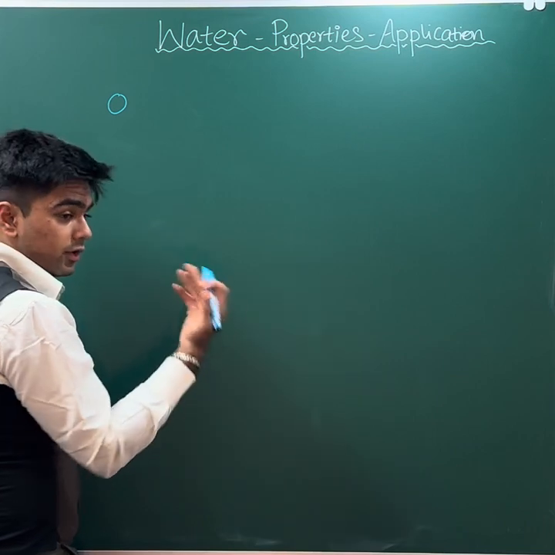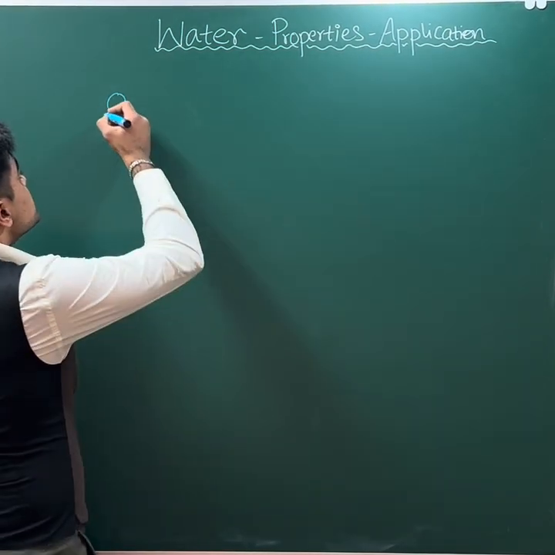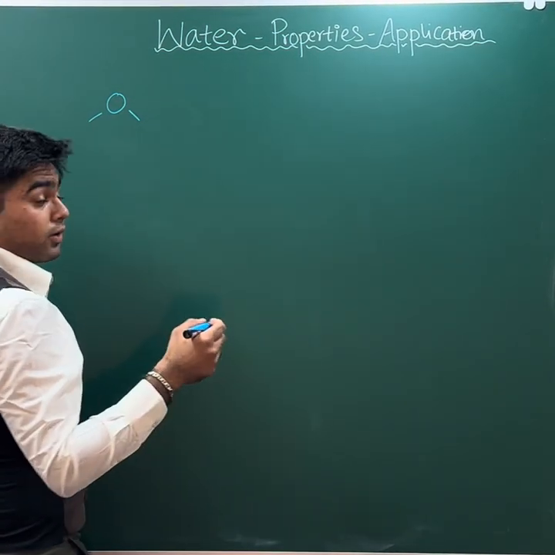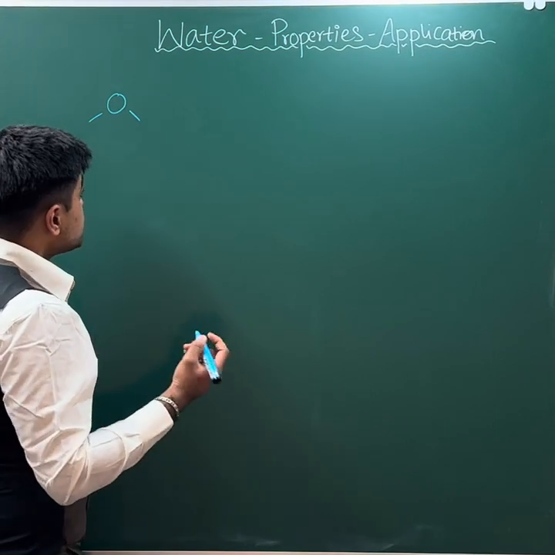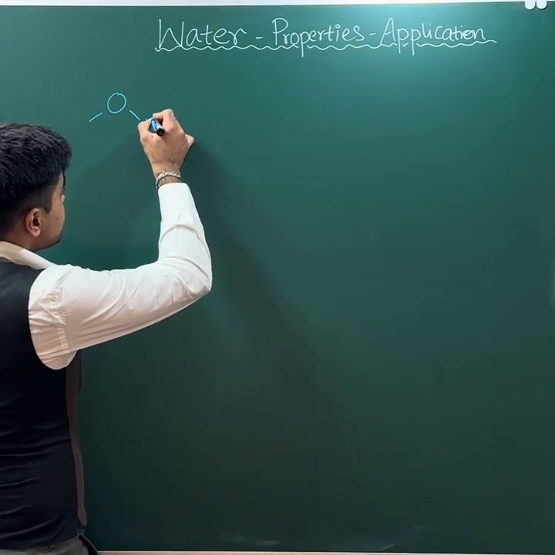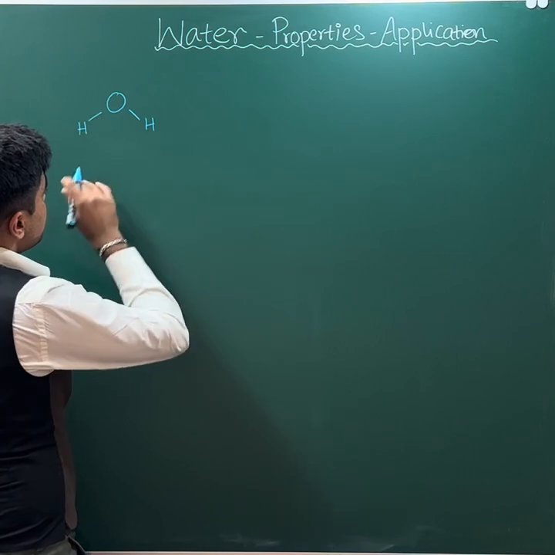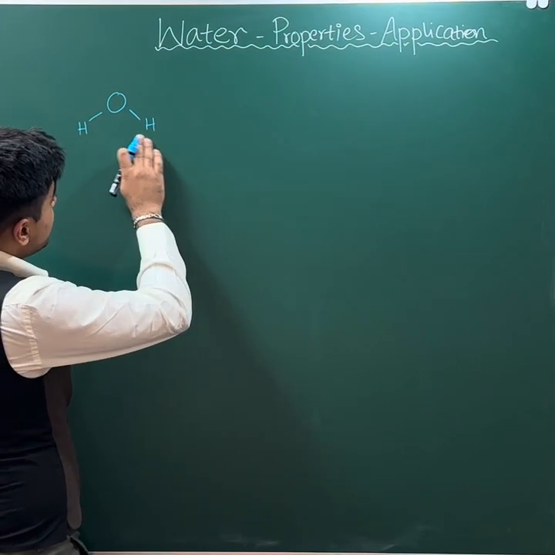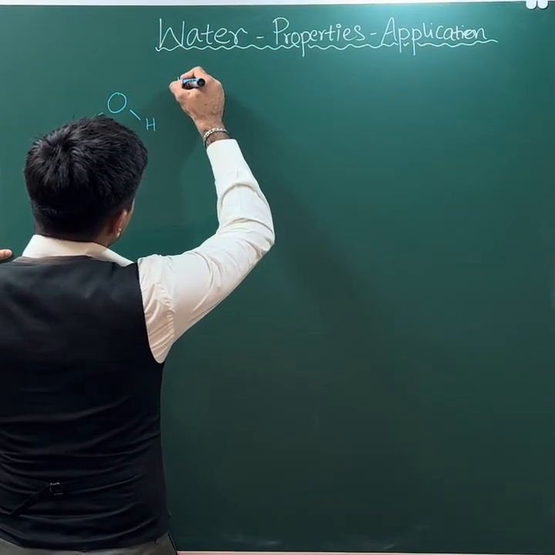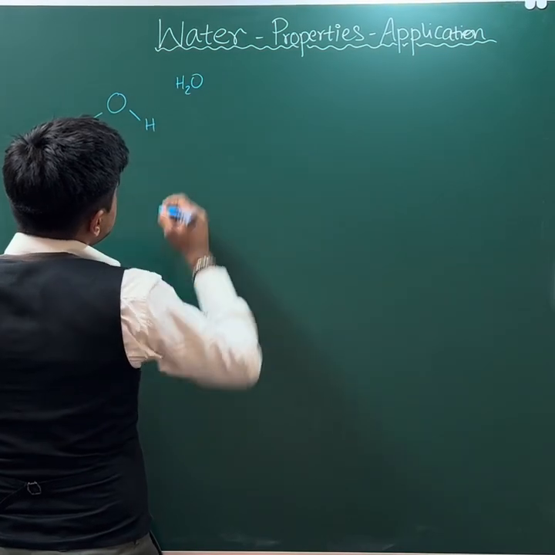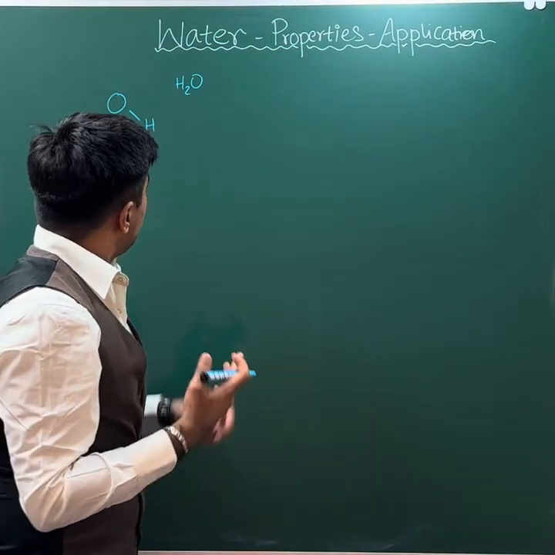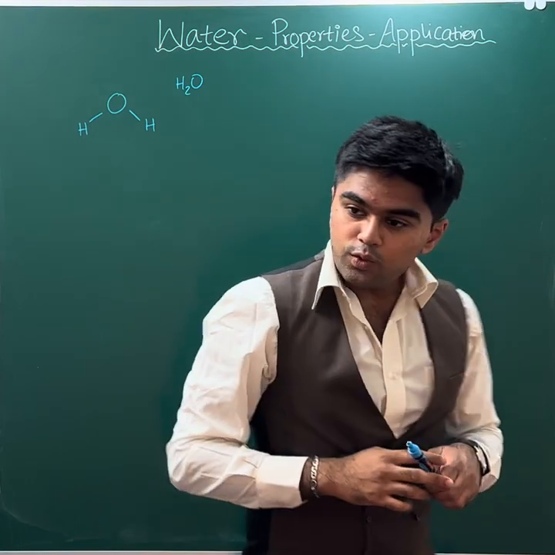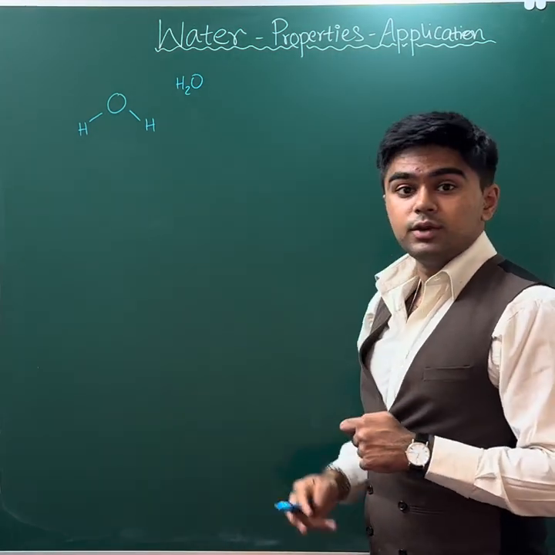So we know our oxygen is forming two covalent bonds, so 1, 2. And what are the two other elements in water? You've got two hydrogens. One hydrogen is there and one hydrogen is there. Collectively, we can see two hydrogens, one oxygen, so H2O is our chemical formula. Perfect. Now, what's so special about this molecule here?